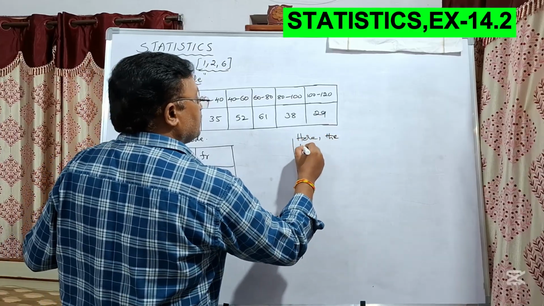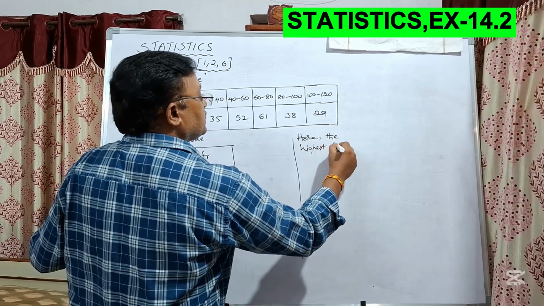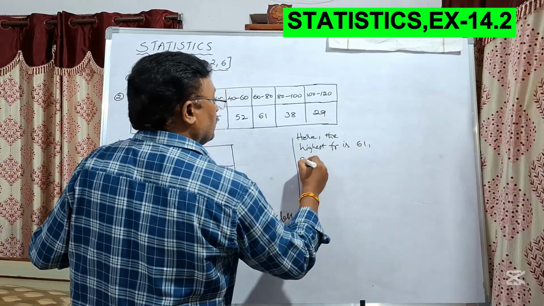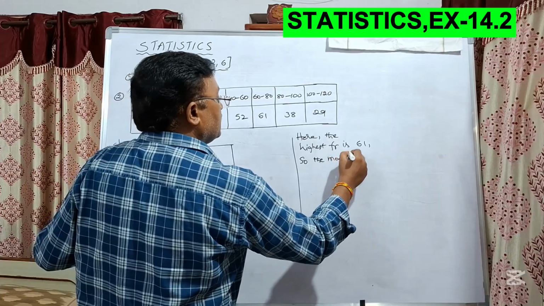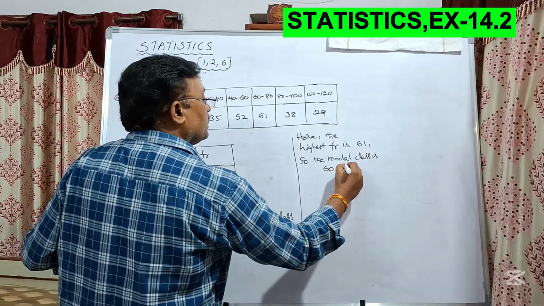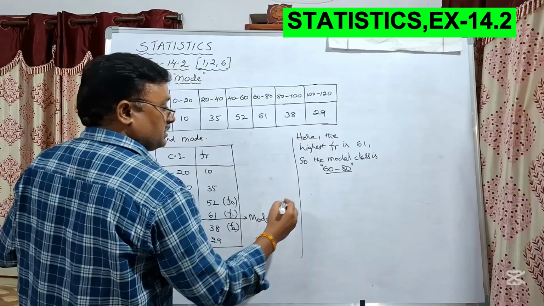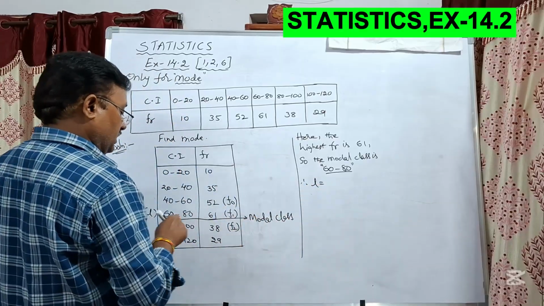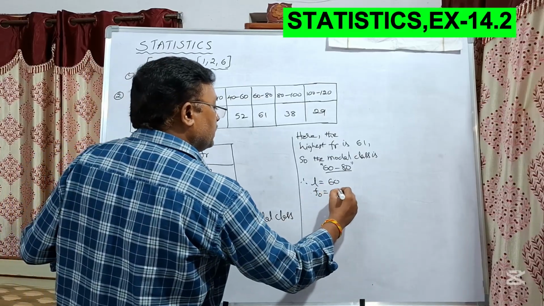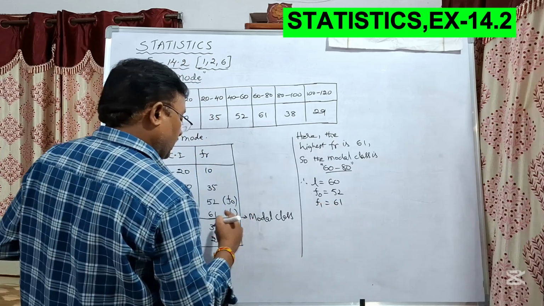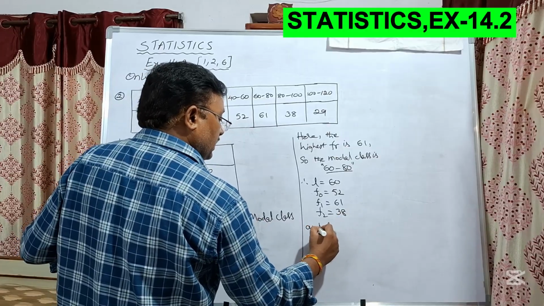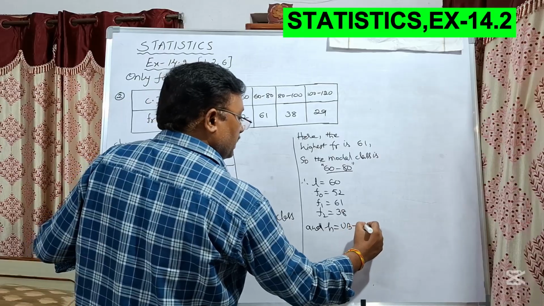The highest frequency is how much? 61. So the modal class is 60 to 80. Therefore the lower boundary of the modal class is 60, f0 is equal to 52, f1 is equal to 61, f2 is equal to 38, and h, the length of the class interval, equals upper boundary minus lower boundary.